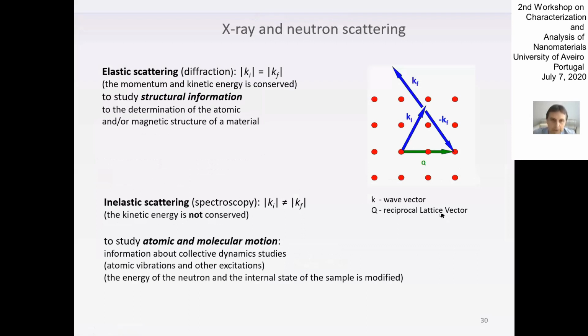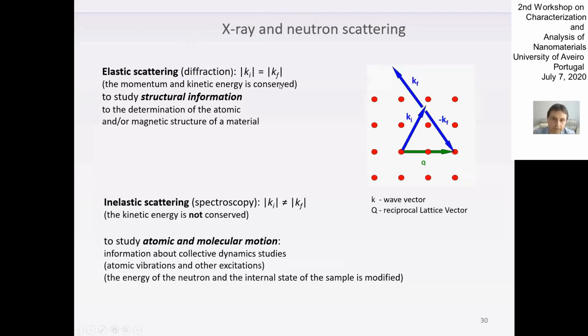So about the diffraction and the scattering, I've already mentioned elastic scattering, and for elastic scattering, the wave vector K is conserved in this interaction, I mean, scattering.